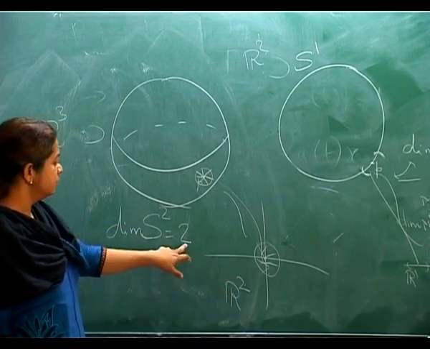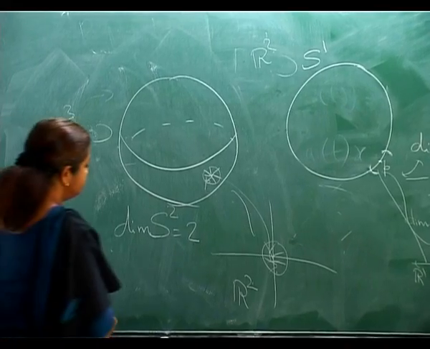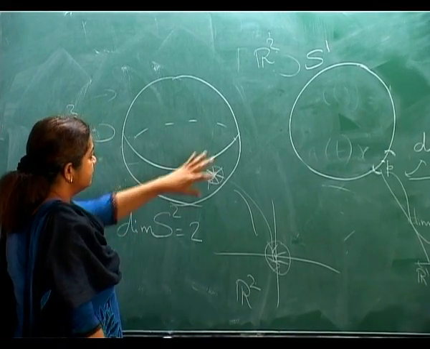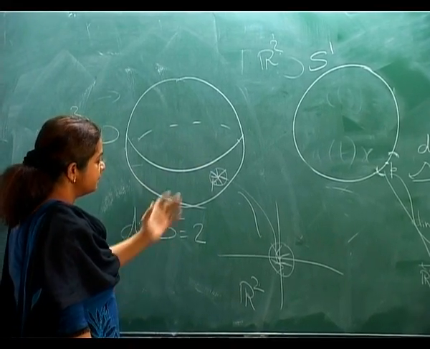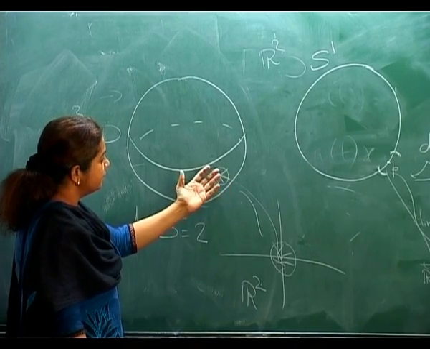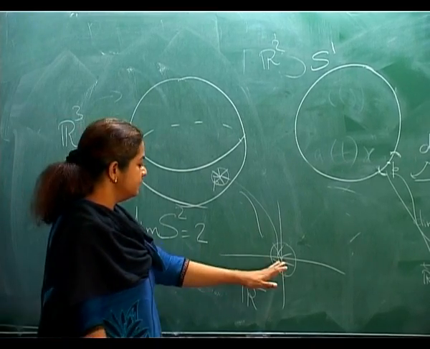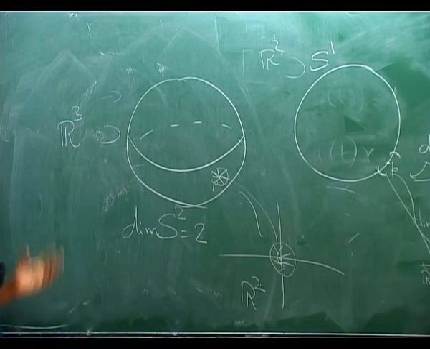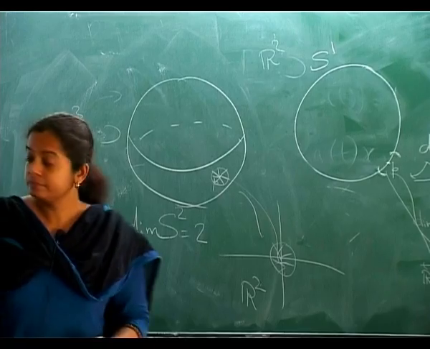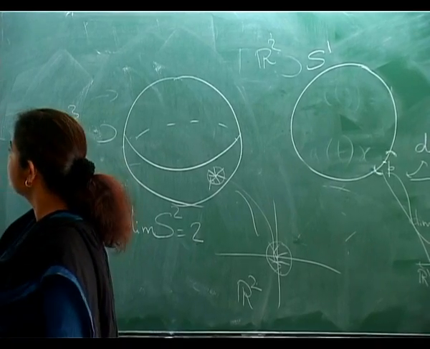So this is a 2-dimensional object. One can again see that this is a smooth object, because any open disk you can deform smoothly to get an open disk inside R2. So we say that S2 is a smooth manifold of dimension 2.